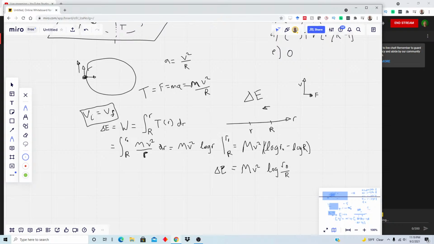Because it's final minus initial. Because this is close to 0, that could blow up to negative infinity. And that kind of makes sense because you're trying to pull something that's maintaining a velocity v really, really close to the middle. So it'd get harder and harder to do that.